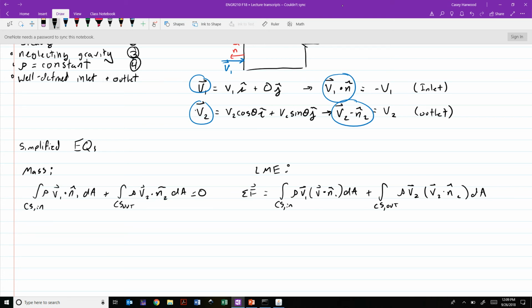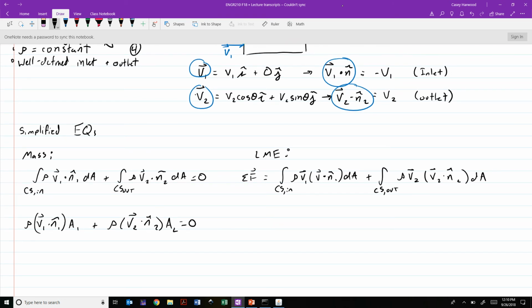So we can say rho v1 dot n1 A1 plus rho v2 dot n2 A2 is equal to 0.